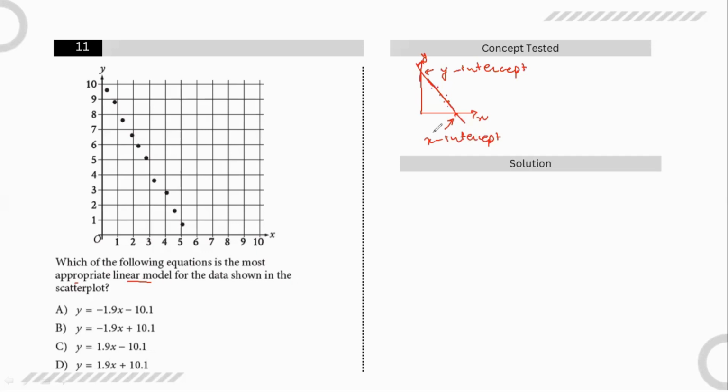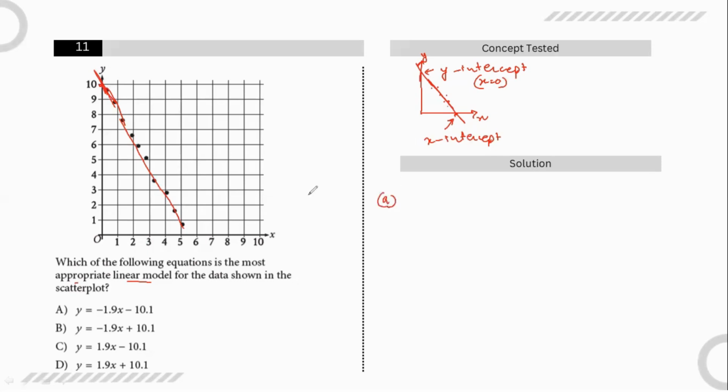Now, starting with the question, can we say what the y-intercept will be at x equal to 0? Let's try substituting x equal to 0. Our y will be very close to 10, right? If we try to plot the line, it should intersect the y-axis at 10, almost at 10 point something.